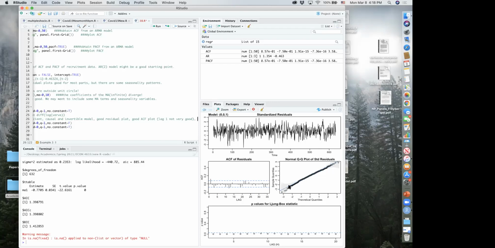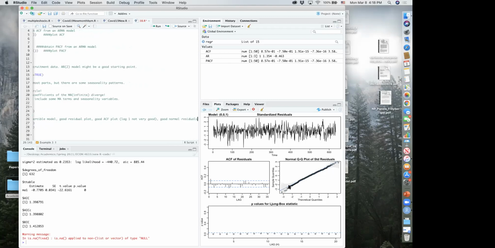So this plot is pretty good. This is good, normal residuals. Remember that in our model, we want our residuals to be normally distributed, but it's not that important. You can relax this assumption.